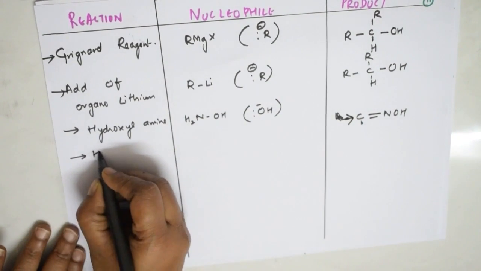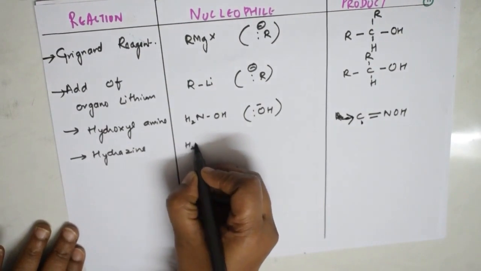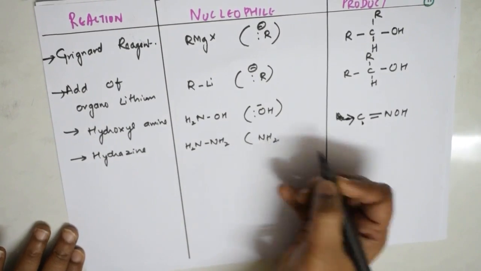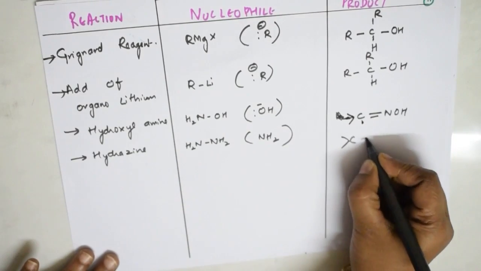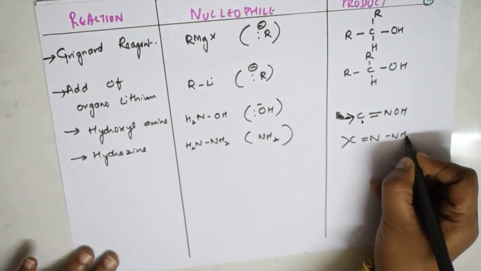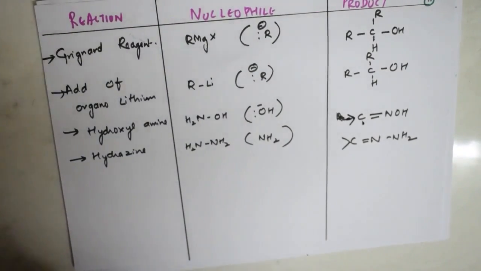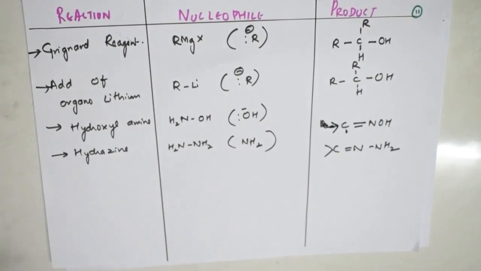Suppose if I take hydrazine, what is the formula? NH2NH2. What is the nucleophile here? NH2. So what product do I get? I'll be getting hydrazone. This is hydrazone. Here students, I'm just writing this one. For a clear explanation, you can watch the video which is there in the playlist, right?